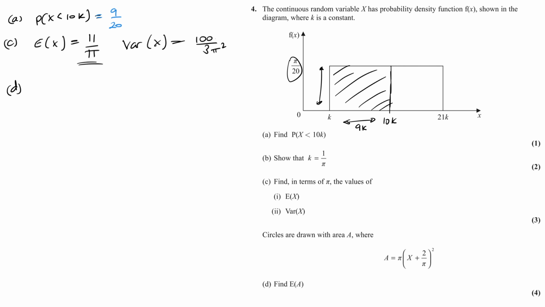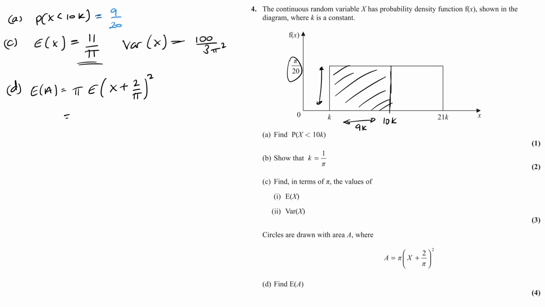It's that type of question. So we've got E of A, which means it's E of, let me rub that out, pi times x plus 2 over pi, squared.